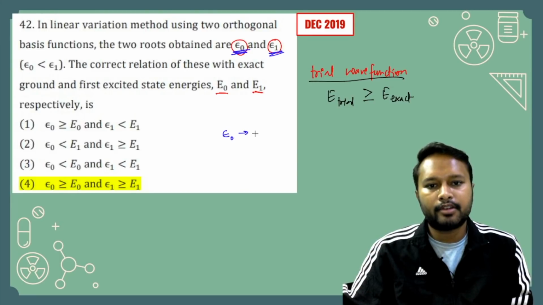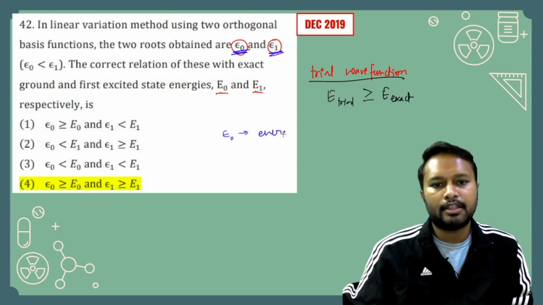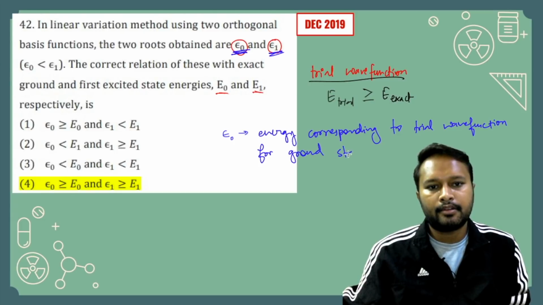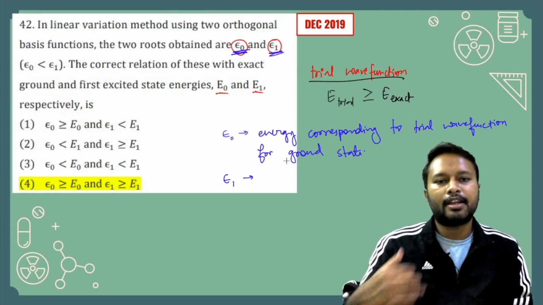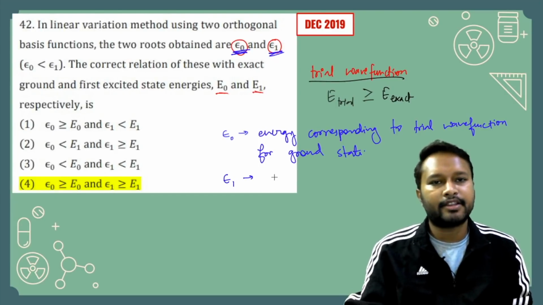So what is epsilon naught? This is the energy corresponding to the trial wave function for the ground state. In the same way, epsilon 1 is the energy corresponding to the trial wave function for the first excited state.